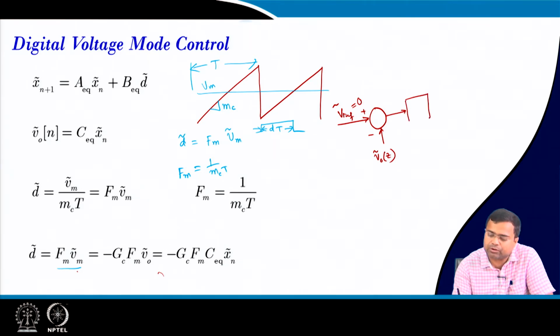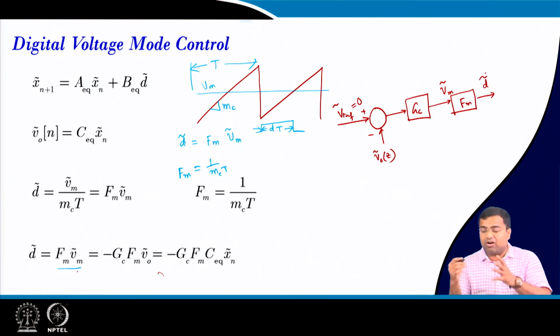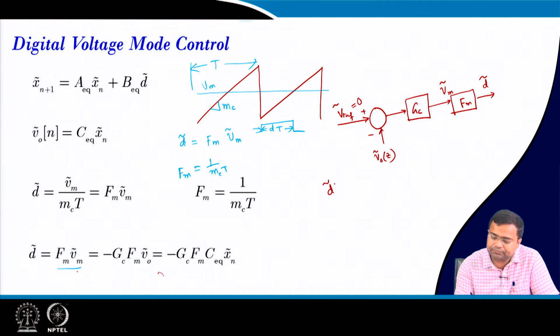then it goes to our controller and the controller gives us the Vm pattern, and then this goes to Fm and this gives rise to our D pattern. So, how can I write the D pattern in terms of V0?